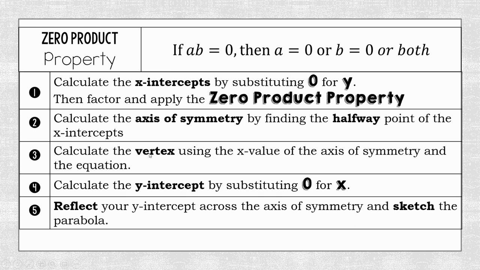And then we will find the vertex, because once we know the axis of symmetry, we know the x-coordinate of the vertex. Then we find the y-intercept by substituting 0 in for x. And then any point that's not on the vertex, we can reflect across the axis of symmetry, and then we can sketch our parabola.